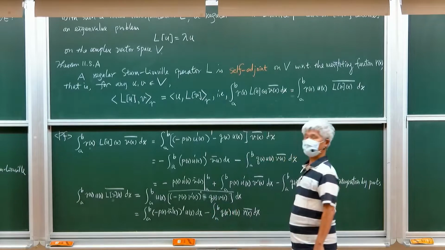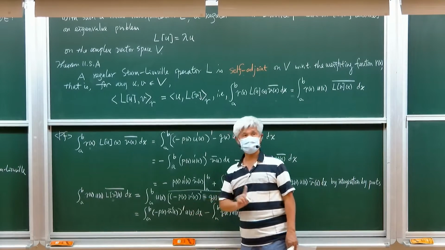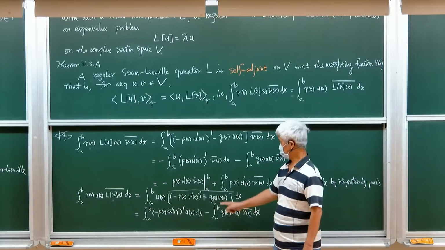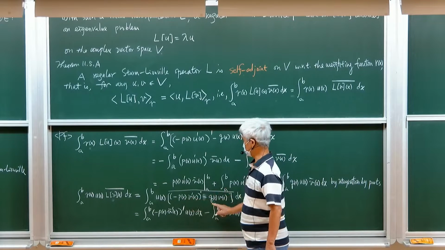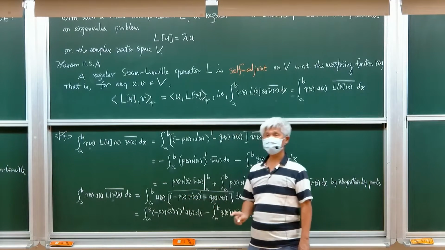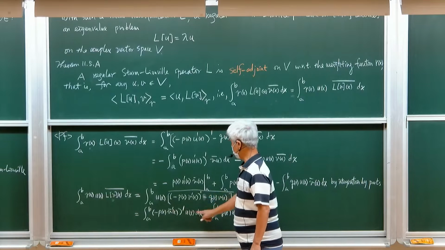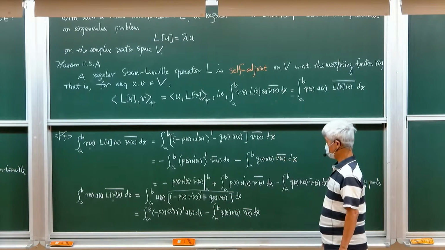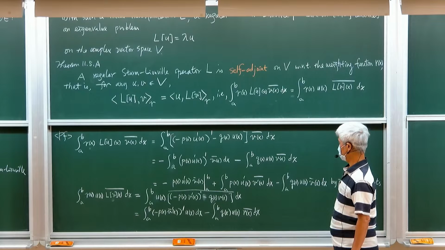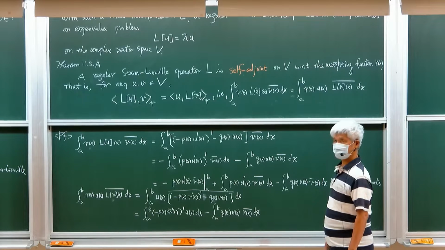And the reason is Q and P are real-valued functions. Only u and v are complex-valued functions. So we can write it in this way. Any questions?